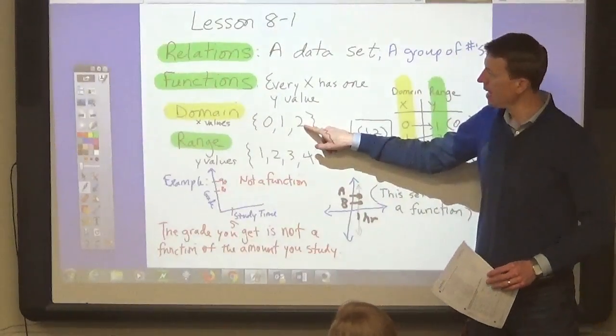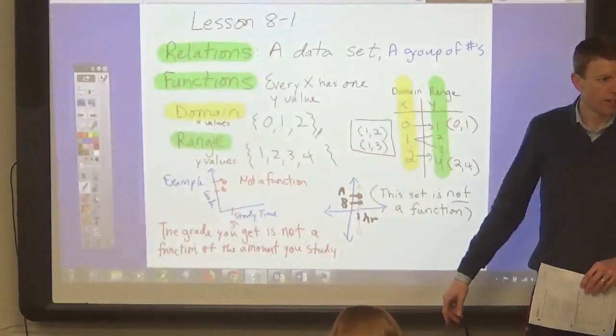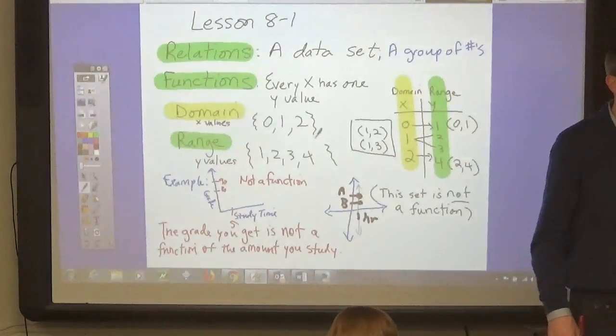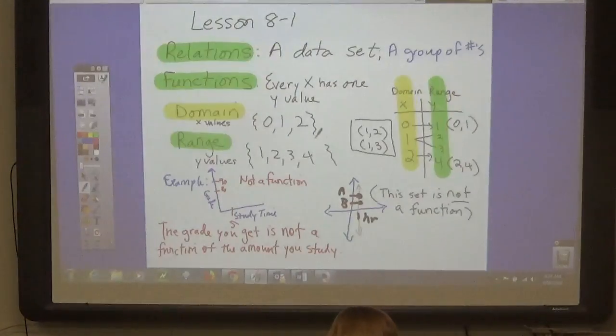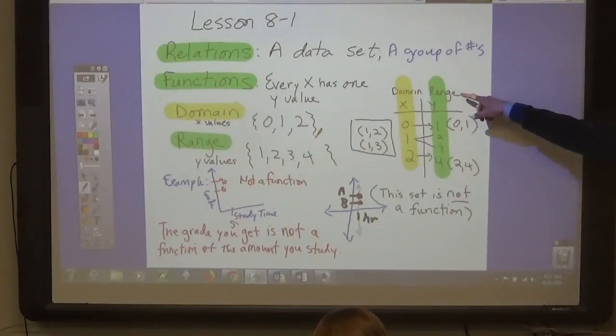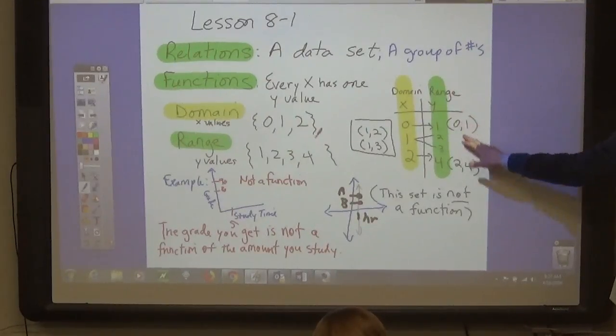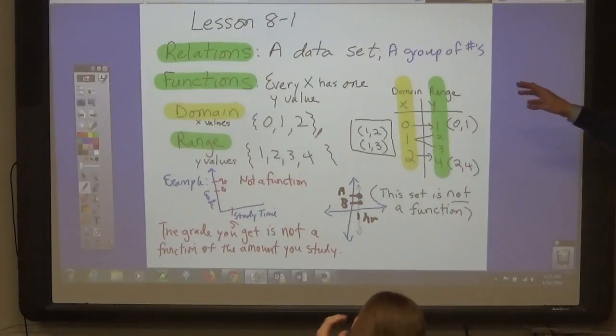If it asks you to list the range of the relation, Danny, what would you list? The range are the Yep, and how else can you describe them? They're under what? Y. Under the Y. They're the list of Y values. In the what?